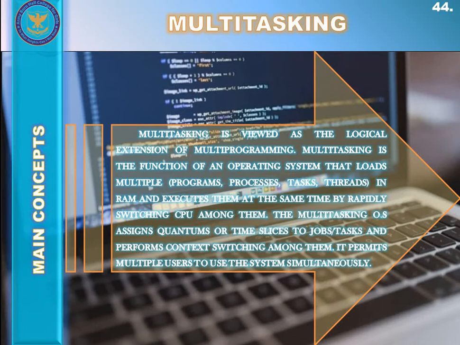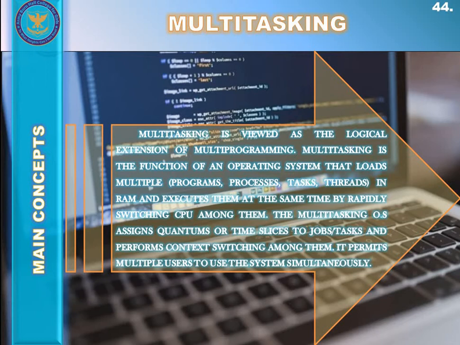So the CPU would execute all those subparts or multiple tasks or jobs of that same program, but one by one, and the CPU would rapidly switch between those tasks at such great speed, in nanoseconds, that the user would not be able to catch that speed.